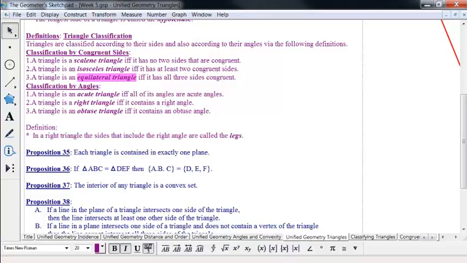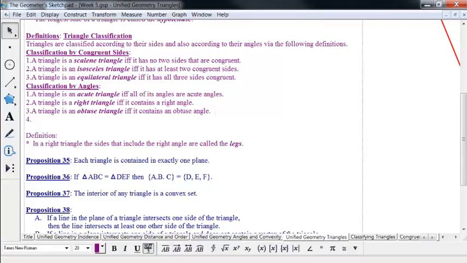A triangle is an acute triangle if and only if all of its angles are acute angles. It's a right triangle if and only if it contains a right angle, at least one. A triangle is an obtuse triangle if and only if it contains an obtuse angle, again, at least one.